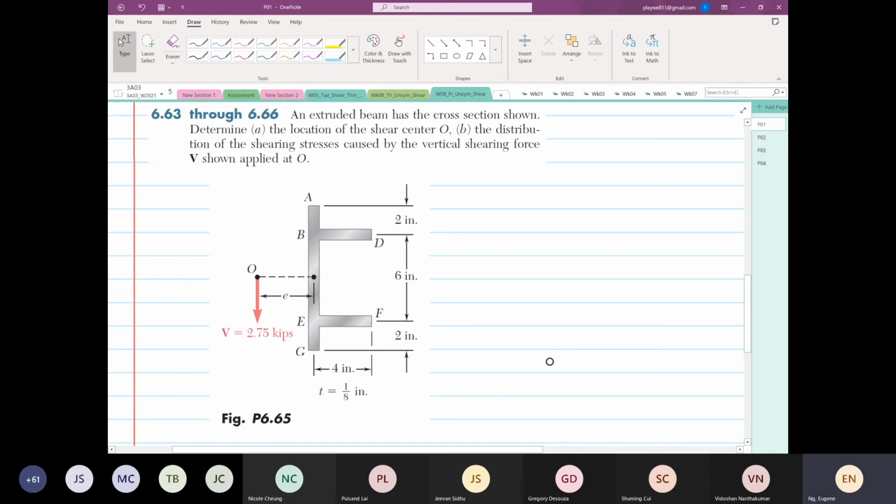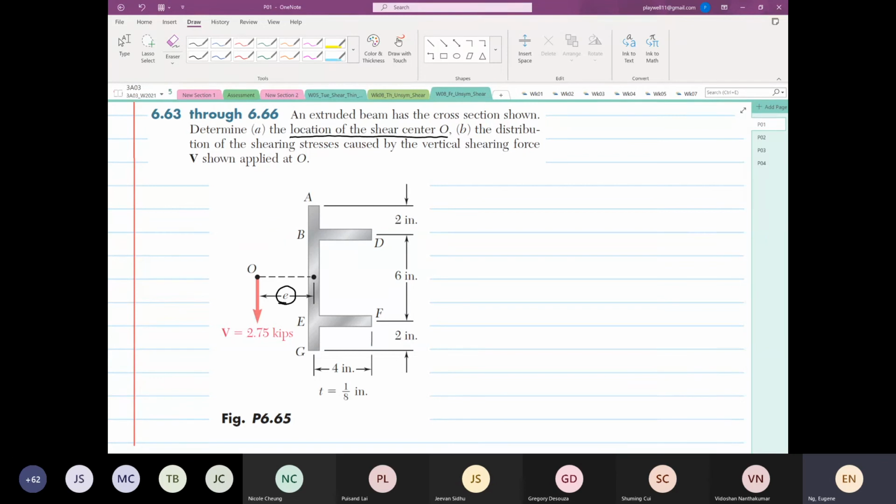The location of the shear center is at O. They want us to determine the location of the shear center, so we have to find what is E, and the distribution of the shear stresses caused by the vertical force V shown applied at point O. So we have to find stresses at point A, point B, point D, point E, point F, and point G.